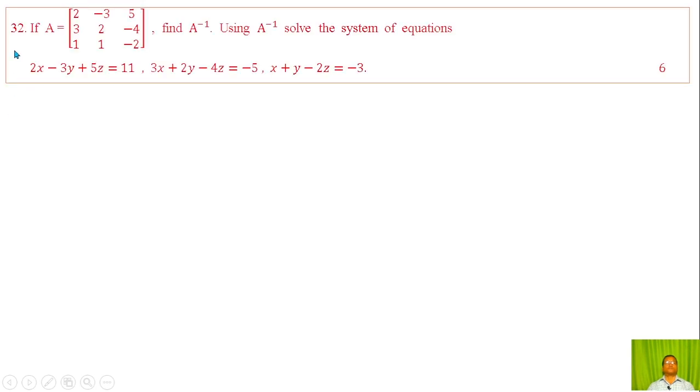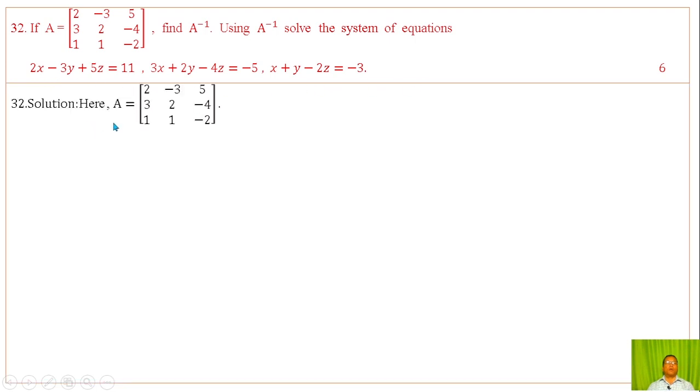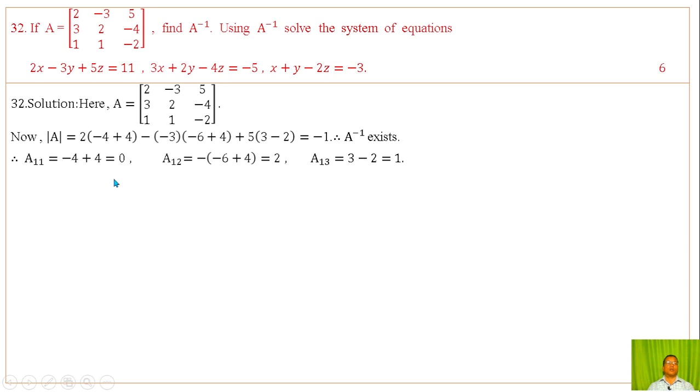Question number 32. If A is the matrix equal to this, find A inverse, and using A inverse, solve the system of equations, 6 marks. For this, we have to find the determinant of A, which is equal to -1, which is not 0, therefore A inverse exists. For cofactor A11, we have this.